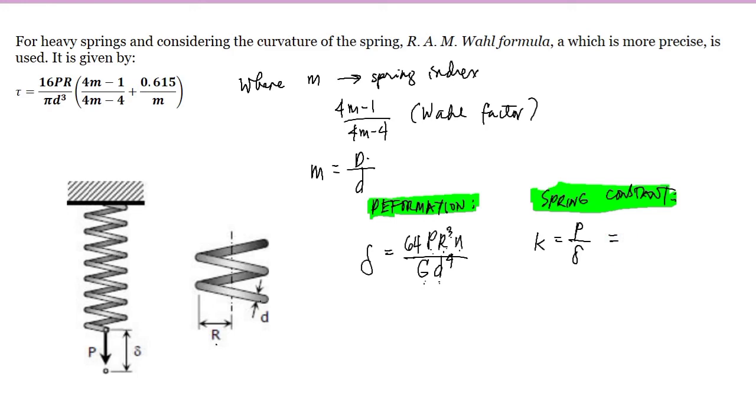Since the deformation is equal to 64PR cubed N over G d to the fourth, the P would be cancelled out, and we take the reciprocal. So we have k equal to G d to the fourth over 64R cubed N. The unit of the spring constant is Newton per mm.